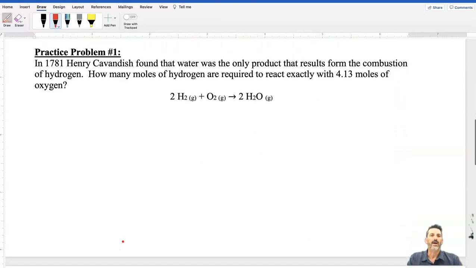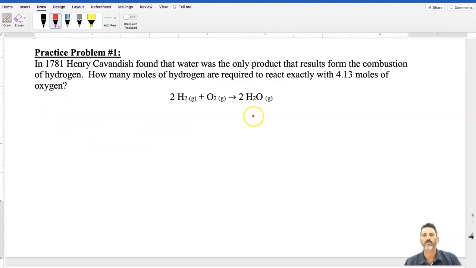Okay, this would be a good point for you guys to pause this and see if you can try one. Same type of problem. So in 1781, Henry Cavendish found that water was the only product that results from the combustion of hydrogen with oxygen.